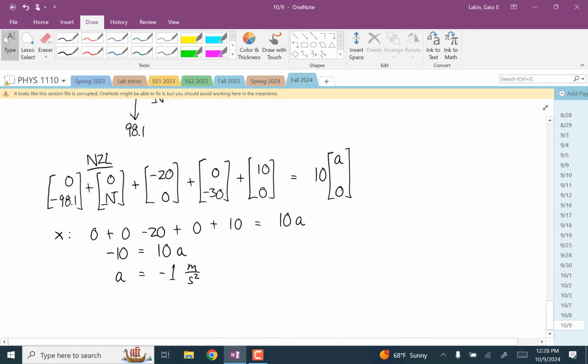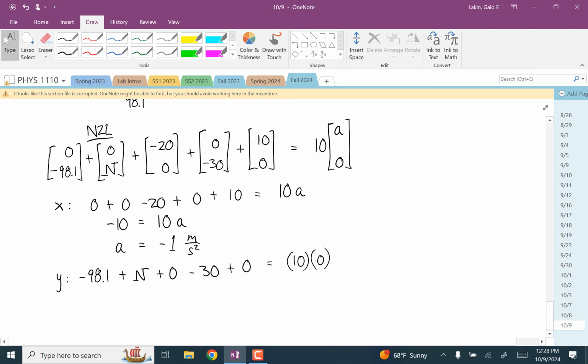And then from the y equation, we got negative 98.1 plus n plus 0 minus 30 plus 0 is equal to 10 times 0. So that says negative 128.1 plus n is equal to 0.